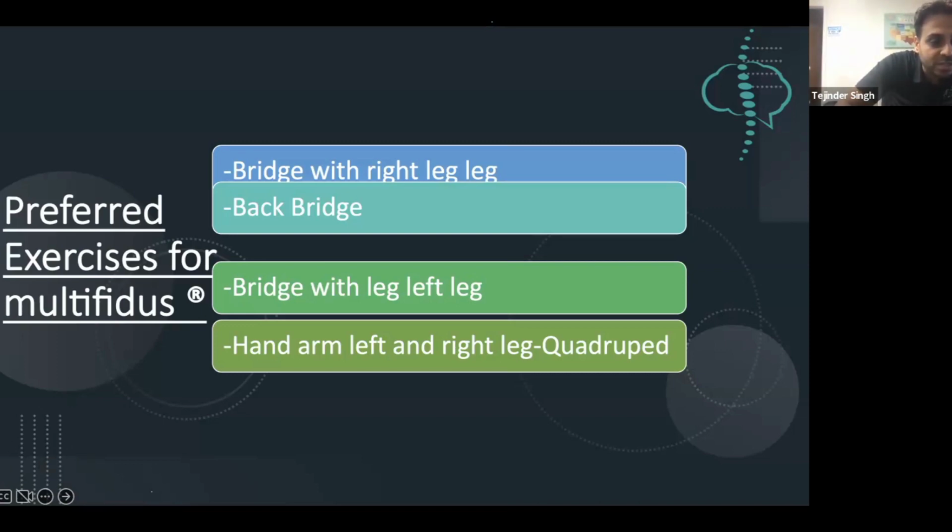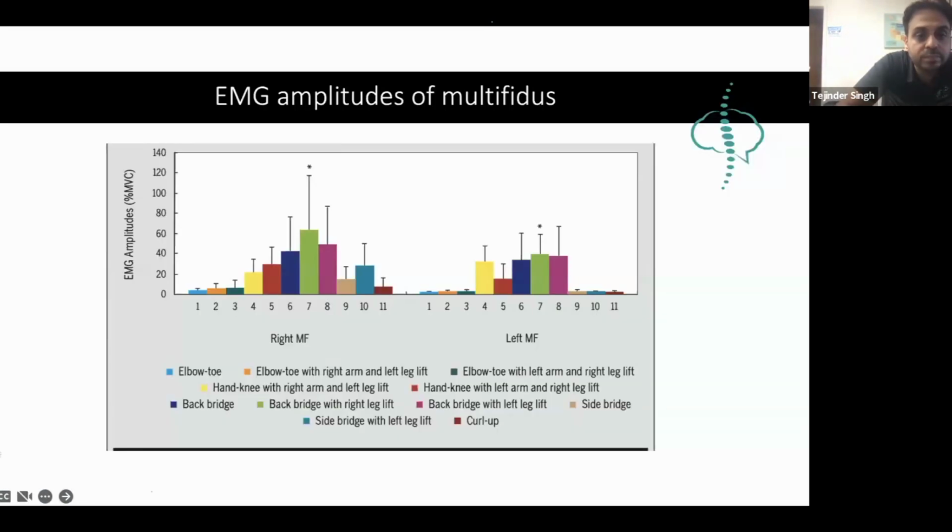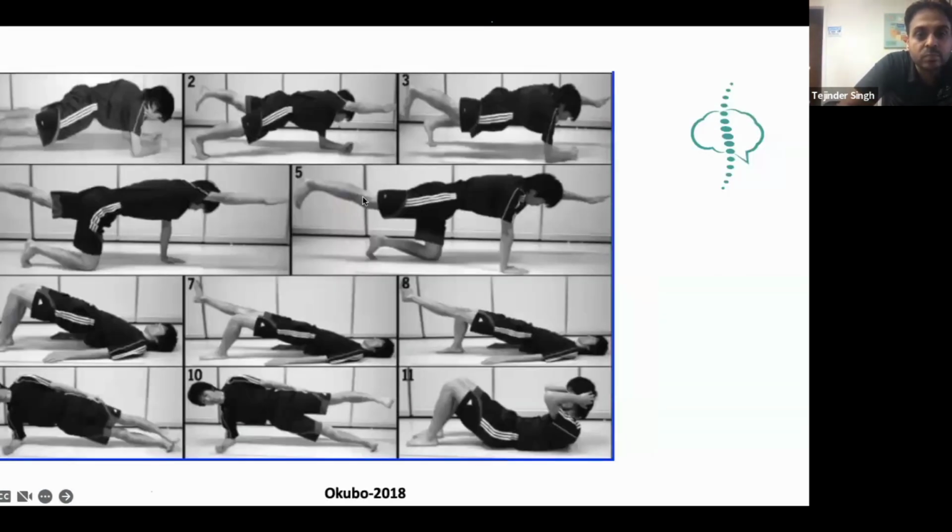Right leg bridge means that the right leg is in the air. Let me show you.